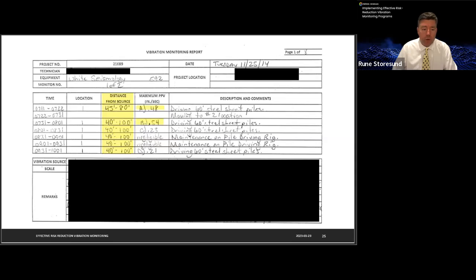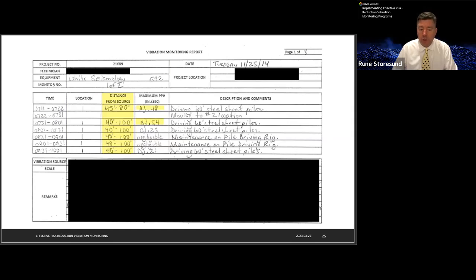Here's a typical manual vibration log one might see on a construction project. The vibration technician has set up the device at location number 1 and is recording maximum PPV values at the instrument location. The instrument location is stationary, and comments note the construction activity at various distances from the vibration monitor. The distances on this particular sheet vary between 40 feet and 100 feet.